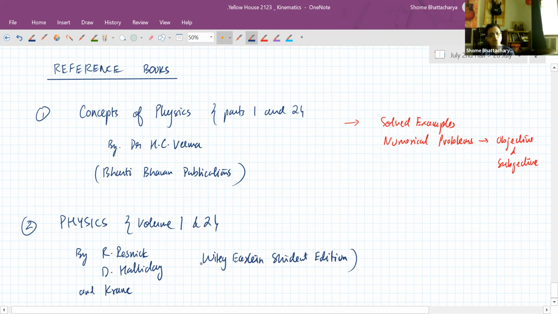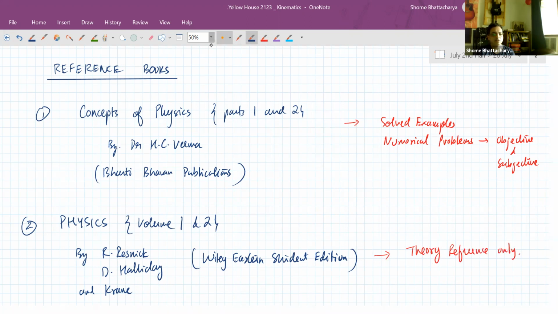Instead of the hard copy, I mean the hardbound book, you can just get the paperback student edition. So this will be used for theory reference. The exercises in this will not be relevant to JEE level. They will be very basic formula-based questions.